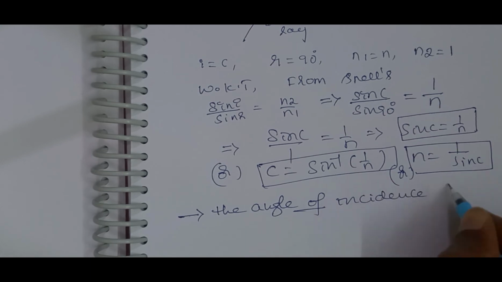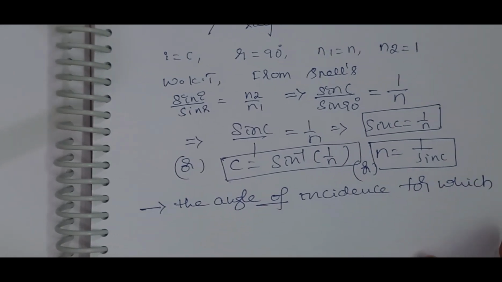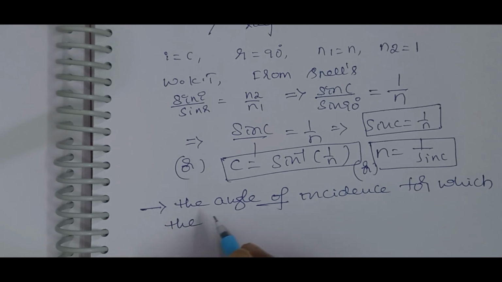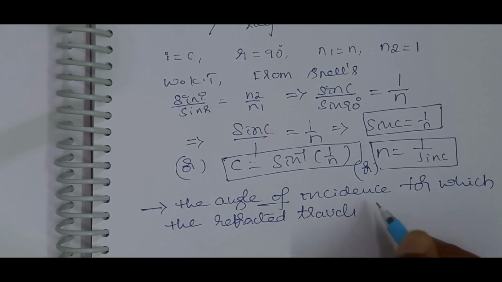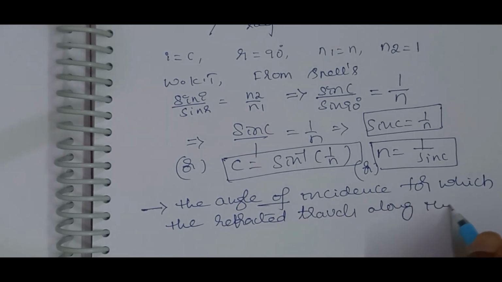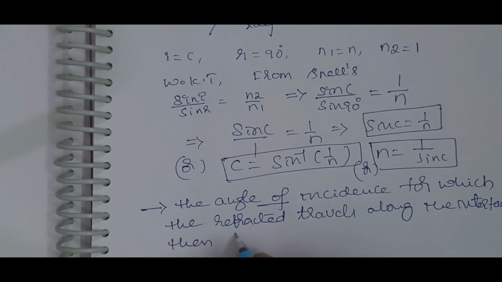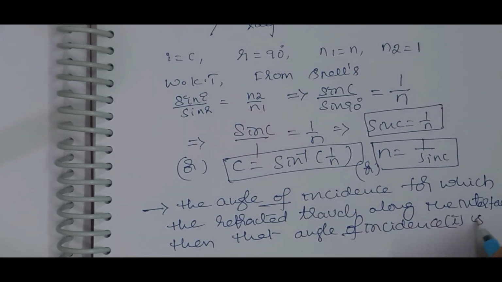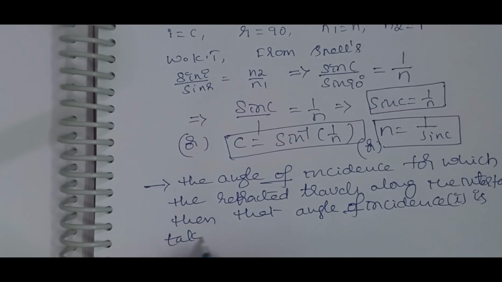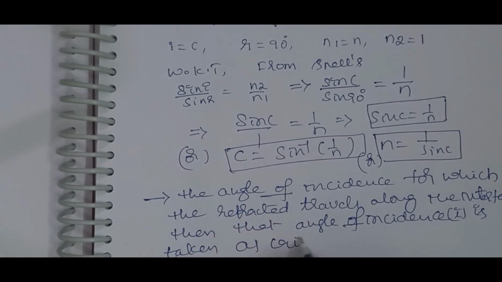So the angle of incidence for which the refracted ray travels along the interface, then that angle of incidence is taken as the critical angle.